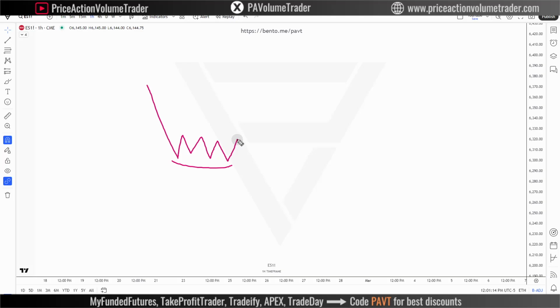Then we have a move down below, and then a quick recovery back on top of this failed breakdown level. It functions either to the upside or to the downside.